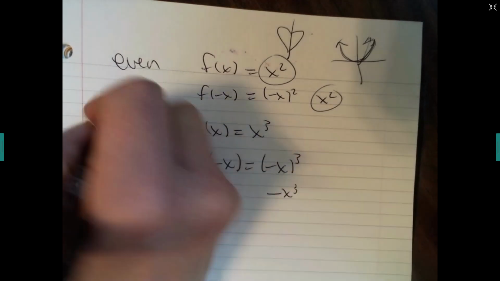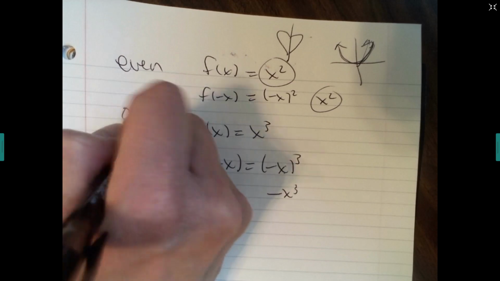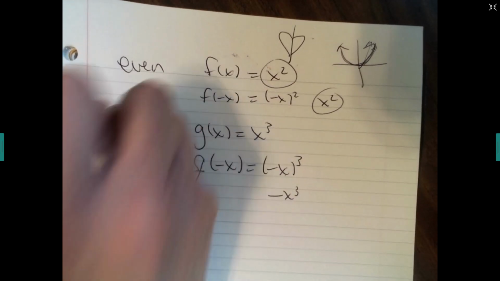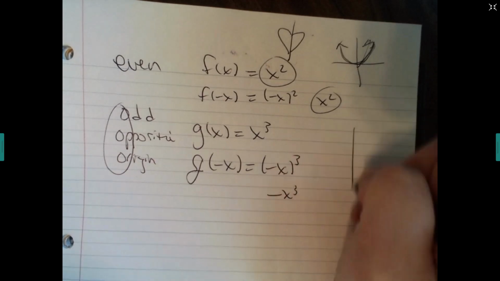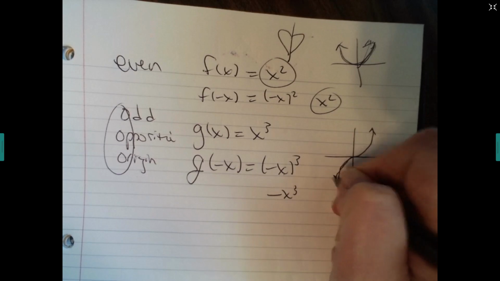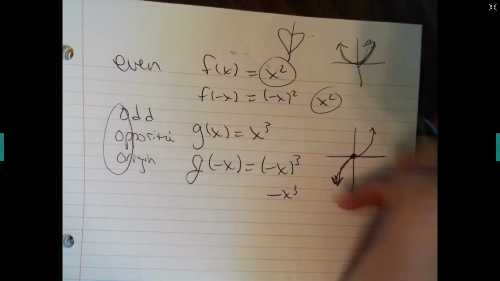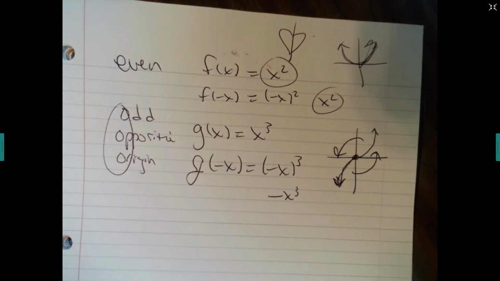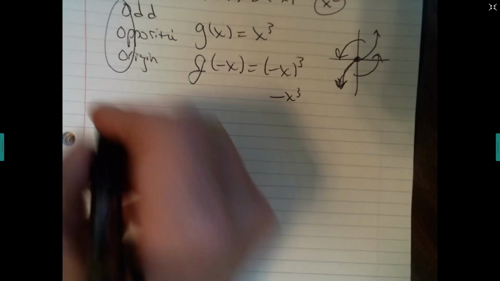So notice the word odd, opposite, and the word origin all start with O's. So this one, and again, I'm just going to sketch a graph, and I'm not very good. We could go on Desmos to do these, but this one, do you see how it has rotational symmetry around the origin? That is an odd function.